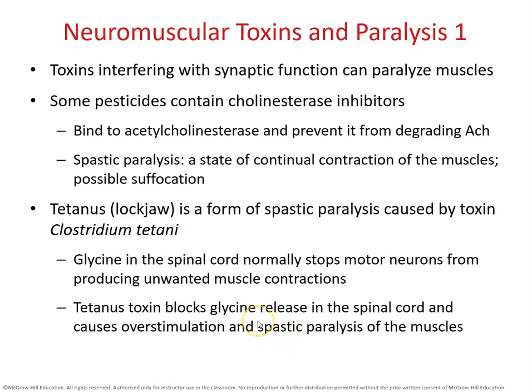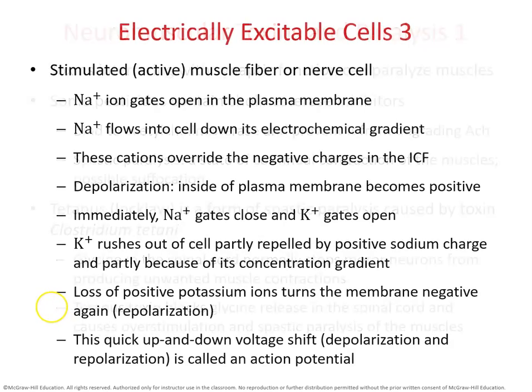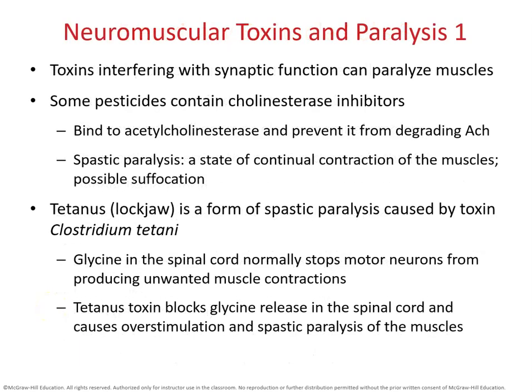All of the muscles go into spasms, and we have overstimulation of all the muscles. We call this lockjaw. It'll literally make it so muscles of your jaw can't unclench. Also, it has a big impact on your lats and your traps, and it will cause a person to bend backwards once they're very far along in being controlled by this toxin.